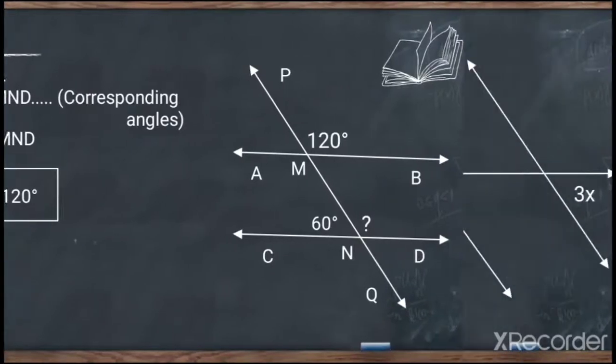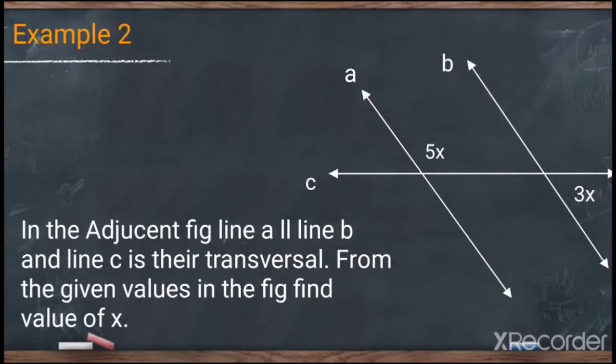Let's solve the next example. In this figure, the names of the angles are not given directly. Line A and line B are both parallel lines and line C is their transversal. Here two angle measures are given, 5x and 3x. Here we have to find the value of x.